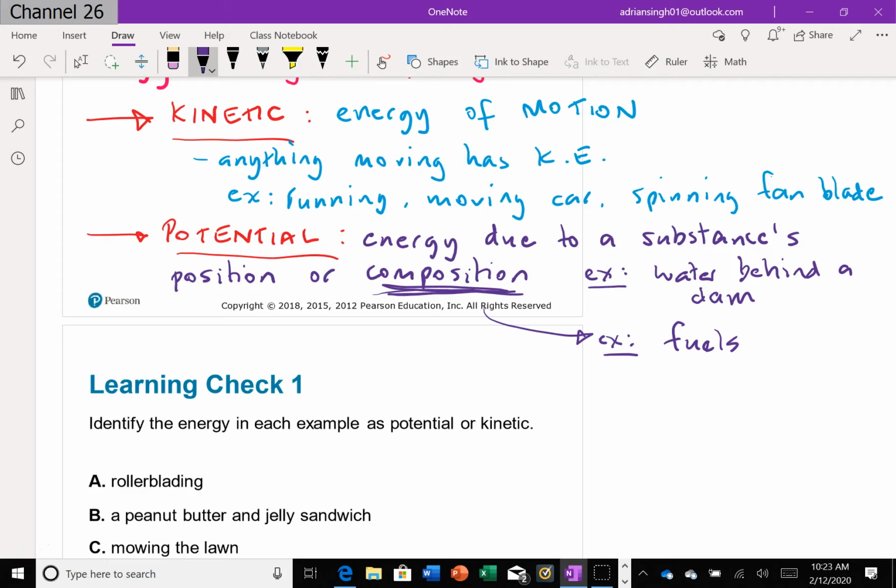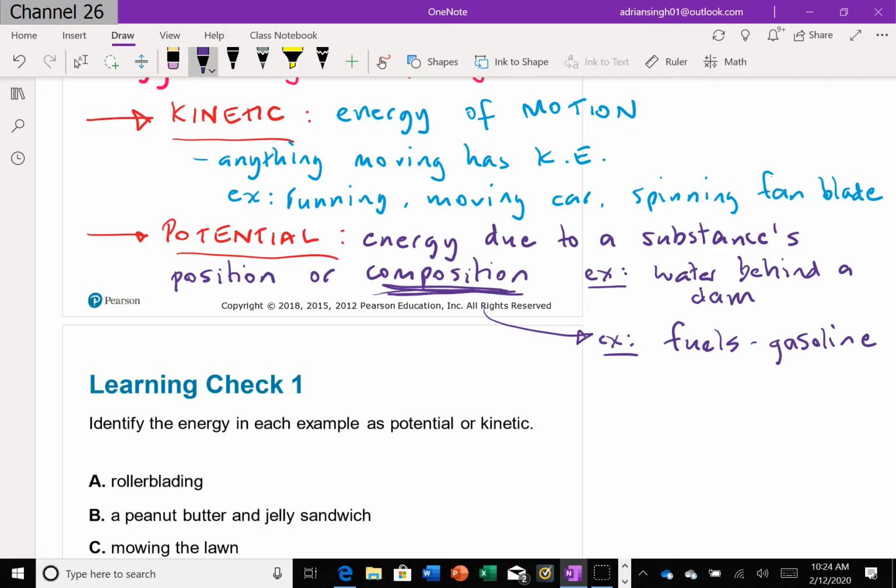So the forces that hold the compounds together, when we break those forces of attraction, that actually releases a bunch of energy, right? And fuels are really good examples of that. So for instance, things like gasoline would be an example of something that has potential energy, right? Gasoline is the fuel for your car.